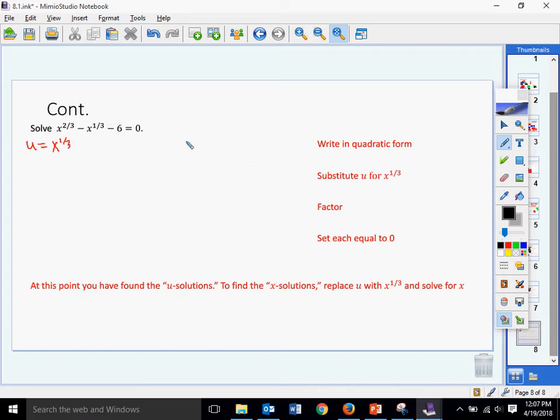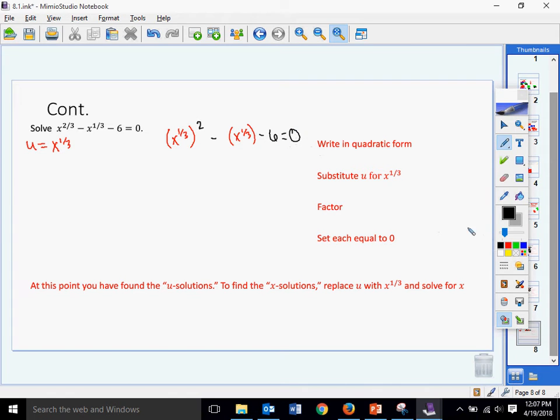So in quadratic form, this is x to the 1/3 being squared minus x to the 1/3. And the rest of the equation goes minus 6 equals 0.